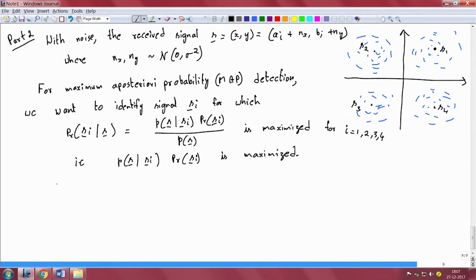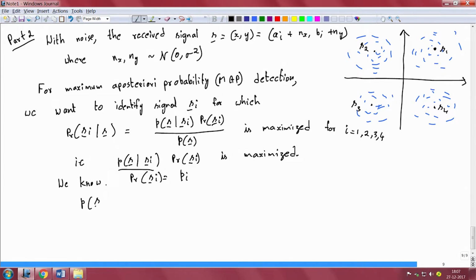So, in order to compute these, we have probability of Si equal to Pi, where the values are given, and for the other term, we just expand it.